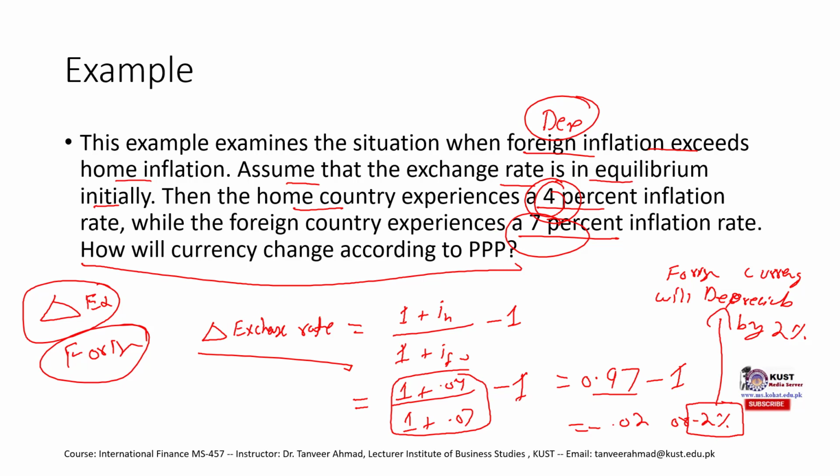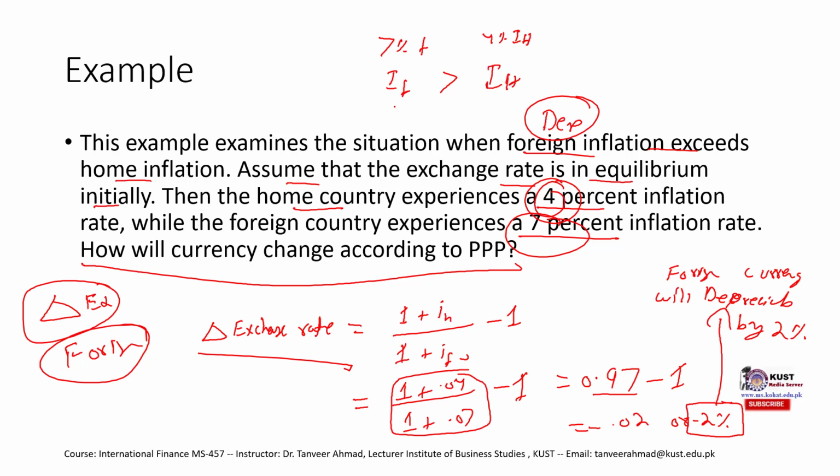And even if you just look at the exchange rates, it is quite understandable that 7% is the inflation of the foreign country. So this is IF, and the home inflation rate is IH, home.